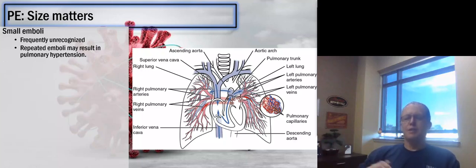You could see where, while one small embolus might not be a big issue, if someone had multiple small emboli, then you have a larger surface area of the lung that's affected over time or at the same time. And you have the result, basically, of a large embolus. You just have it in several small ones.